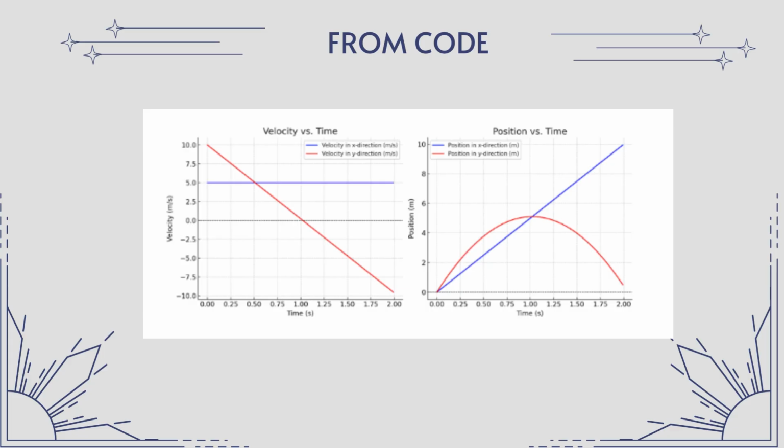And then from the code, we were able to get two graphs that show velocity versus time and then position versus time. The blue line shows the x direction, and then the red line shows the y direction.